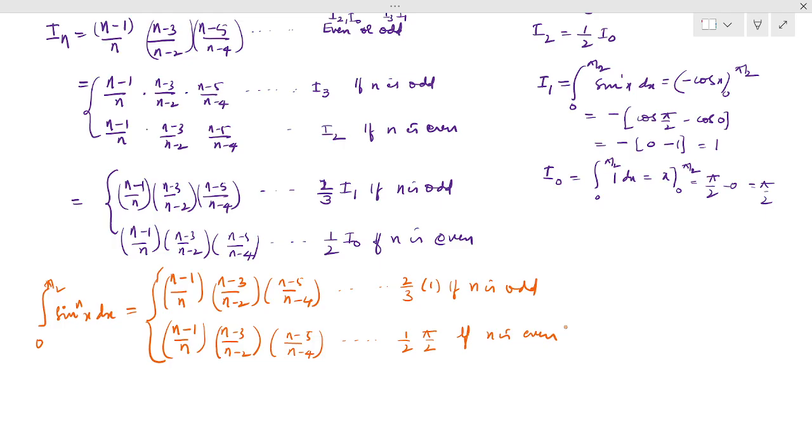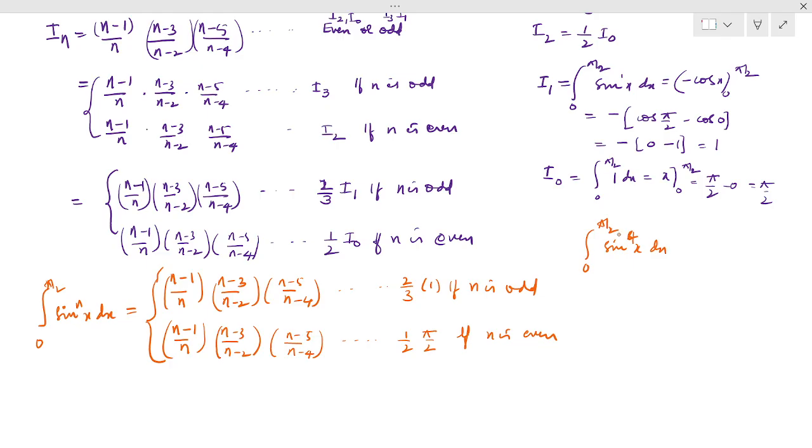The integration runs for sin raised to n x between the limits 0 to pi by 2. For example, let us find the integral from 0 to pi by 2 of sin raised to 4x.